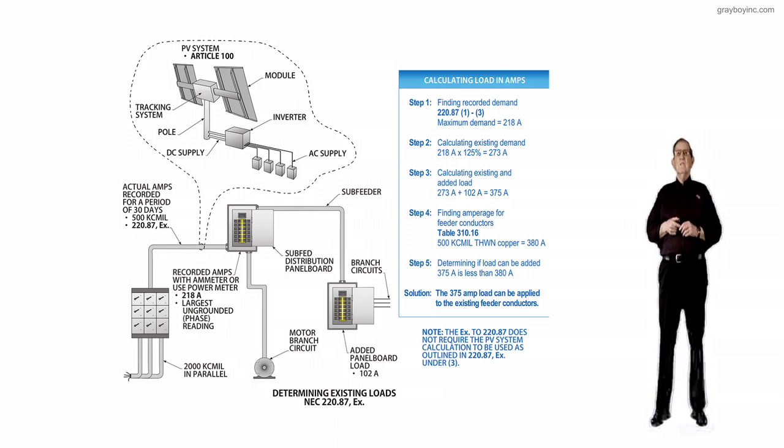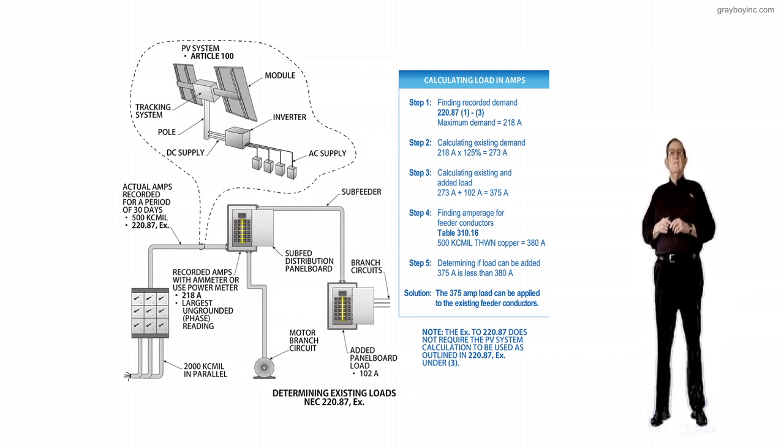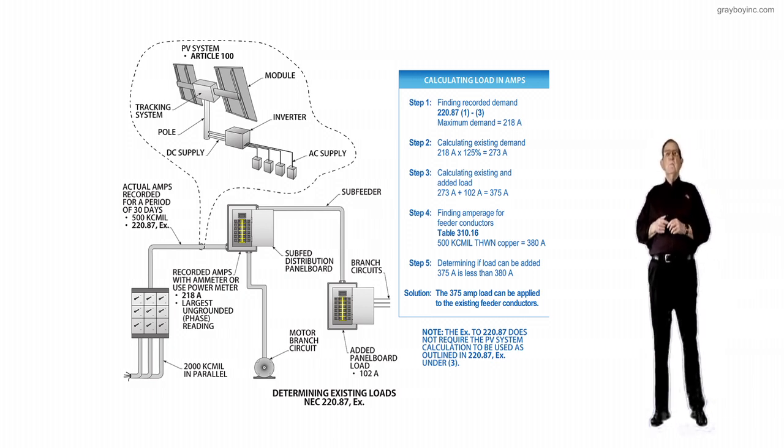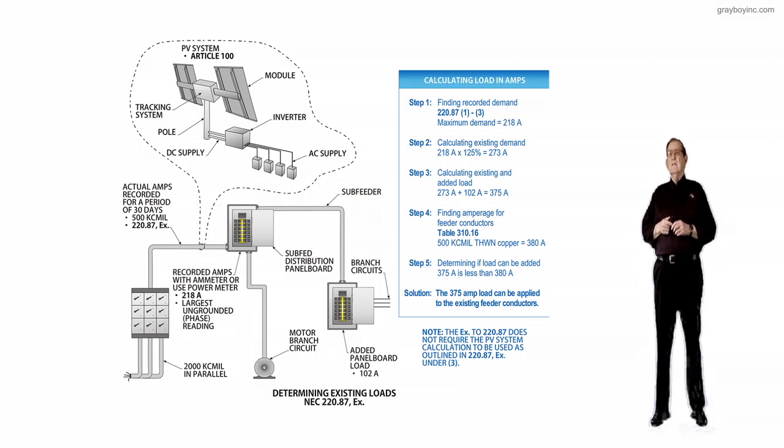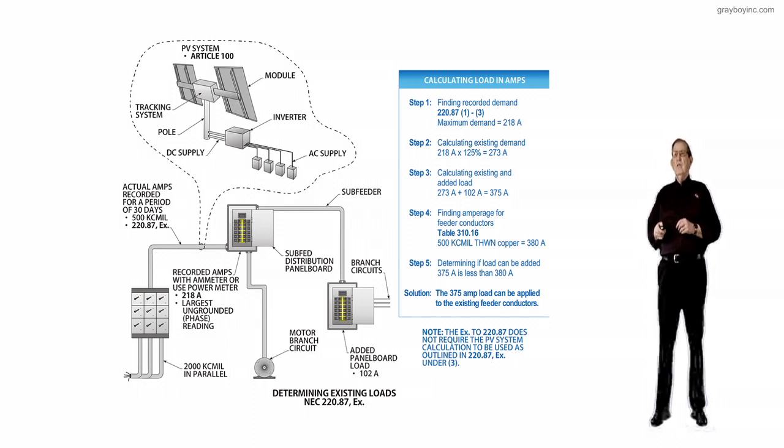We said we monitored it for 30 days. We said 500 kcmil, and we're going to look at this exception. And then notice, yes, the 375 is less than the 380 for 500 kcmil. The 380 is taken from Table 310.16, so that load could be added.